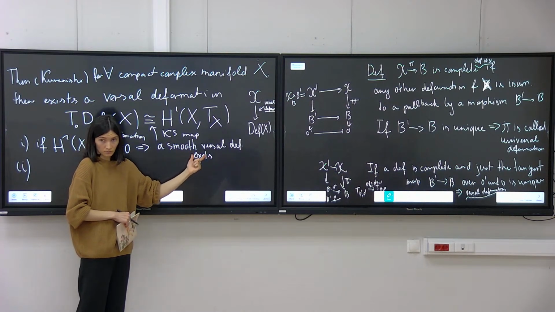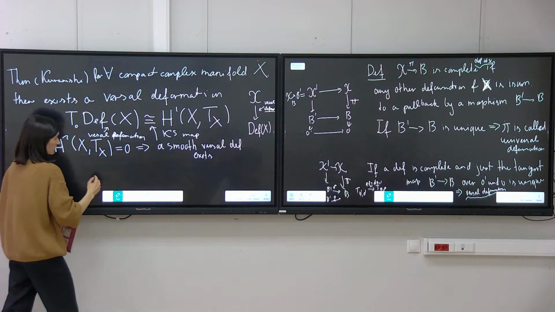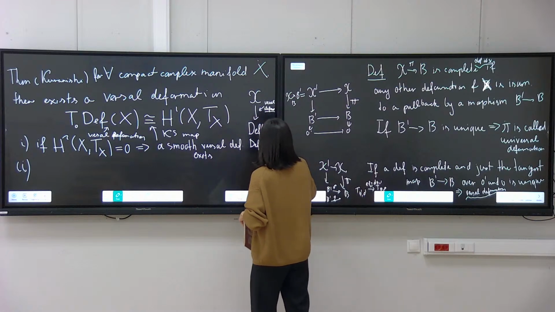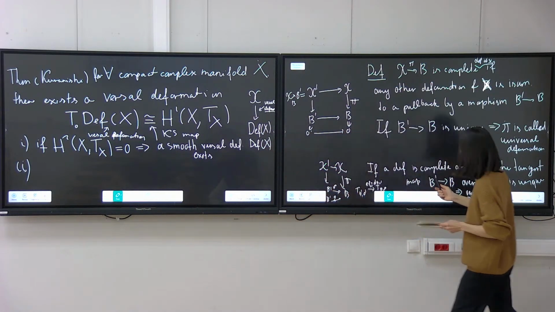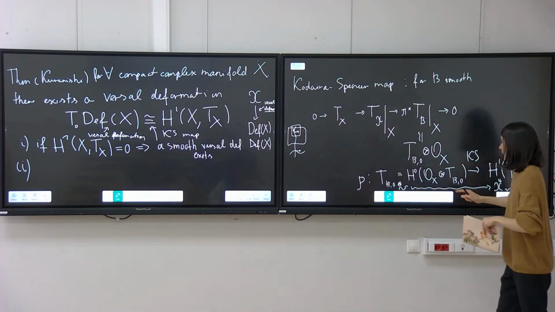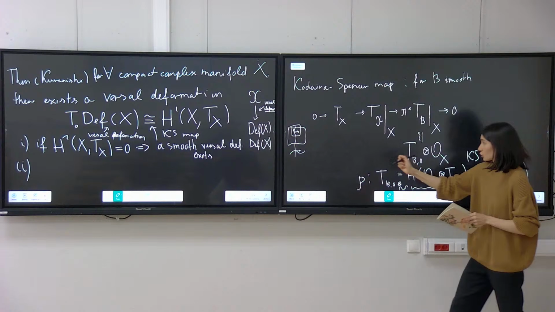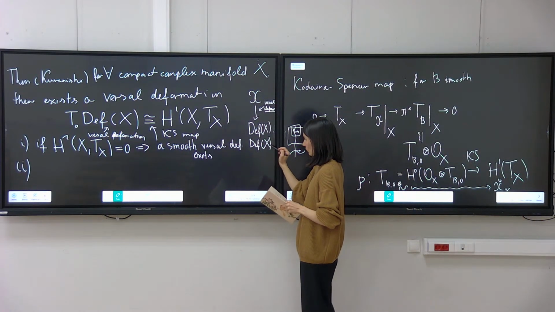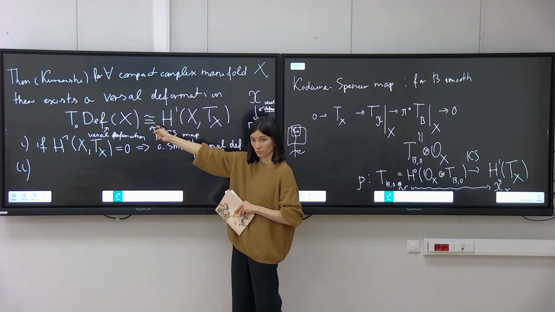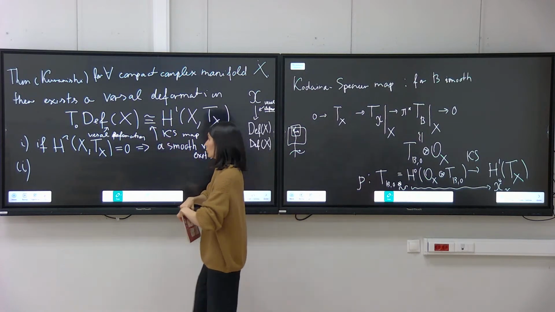You mean the base? Yes, smoothness of Def x. A smooth versal deformation Def x exists. And I recall that we defined the Kodaira-Spencer map for a smooth base. So if the versal deformation is smooth, then we claim that this isomorphism comes from the Kodaira-Spencer map.